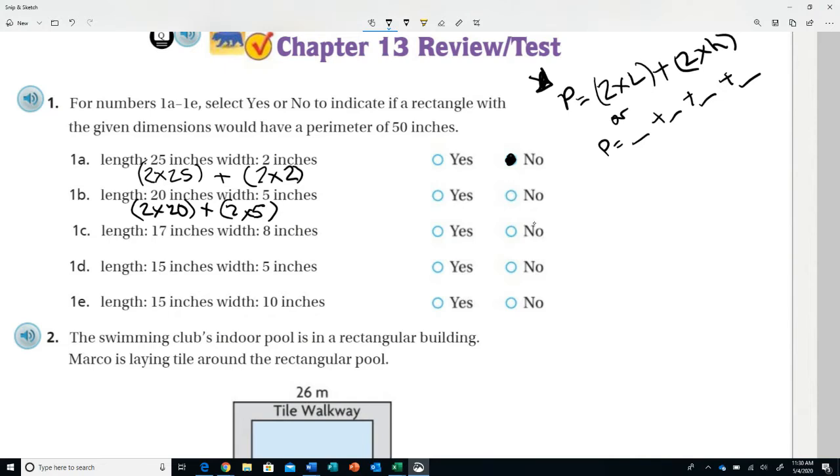And I get 20 times 2 is 40, and 2 times 5 is 10, and 40 plus 10 is 50. So this is actually a yes. And so on. You would go through all 5 of these to determine which have a perimeter of 50. And again, between perimeter and area, you got to be real careful with your vocabulary. All right, moving on.